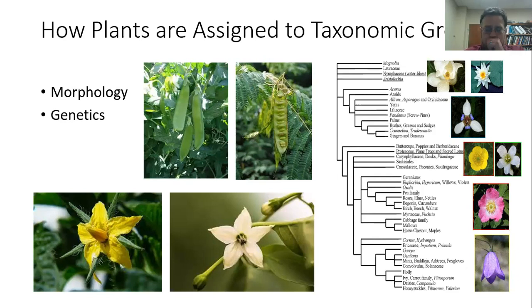In fact, I have certainly seen that over the course of my career, where organisms that I worked with are reassigned to different groups, not because there's anything that changed about the organism, but because how well we understand that organism has improved.